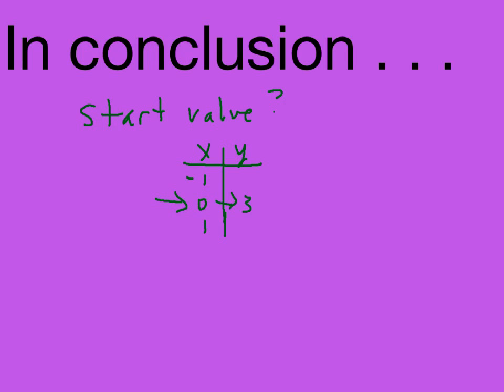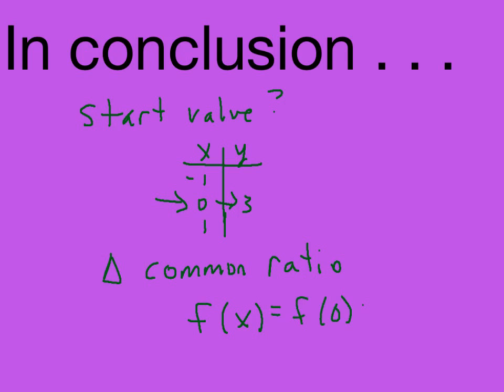After you find that start value, remember you also need to look for that delta or that common ratio. Plug both pieces where they belong. So we might have f of x equals f of 0 times delta to the x, or y equals ab to the x.